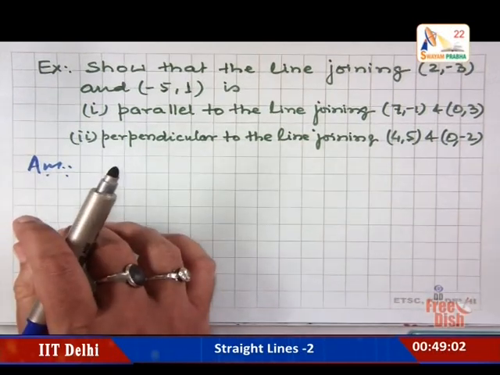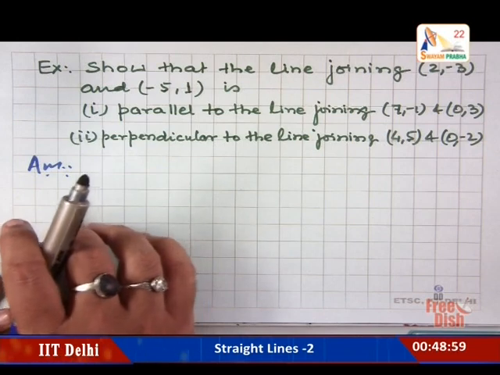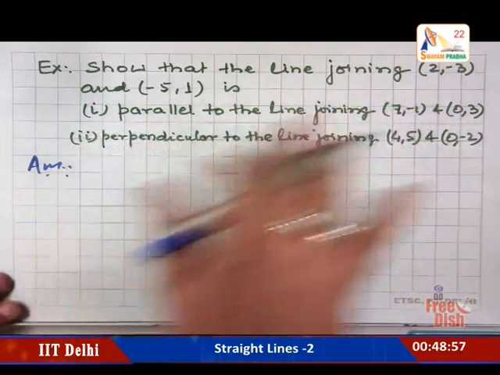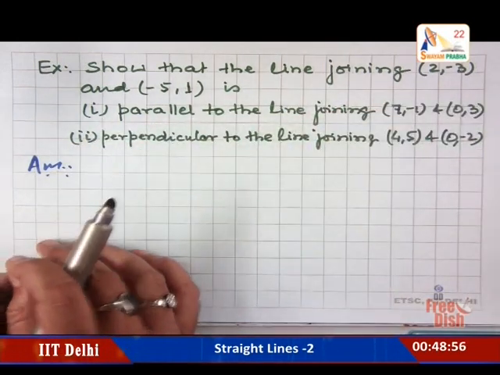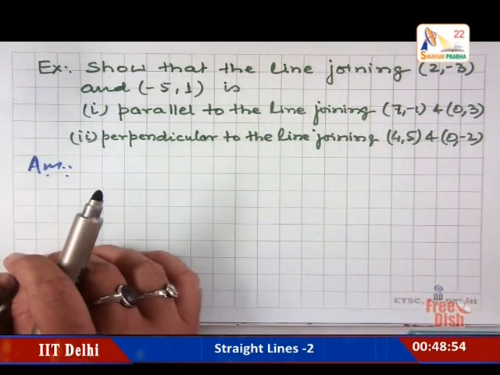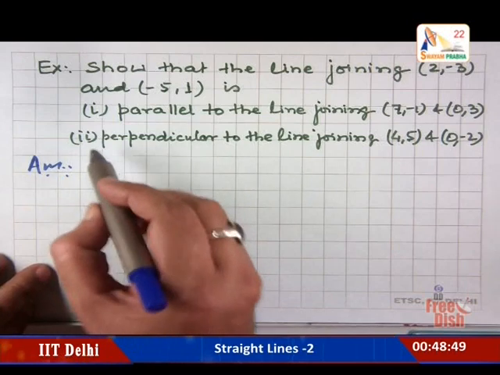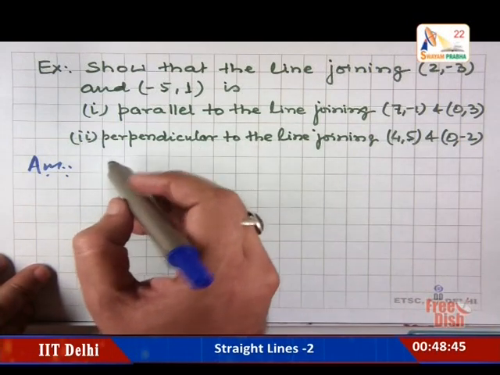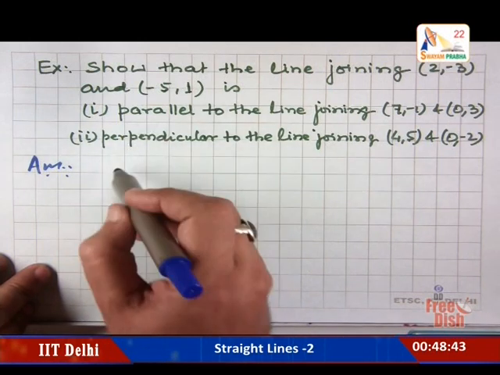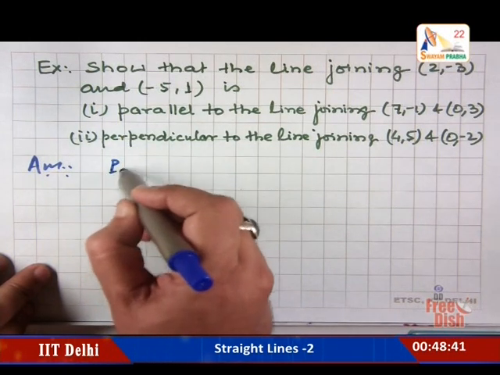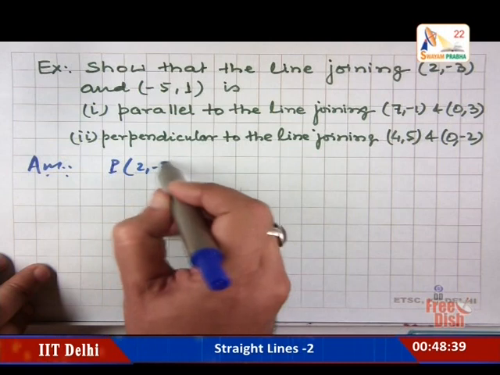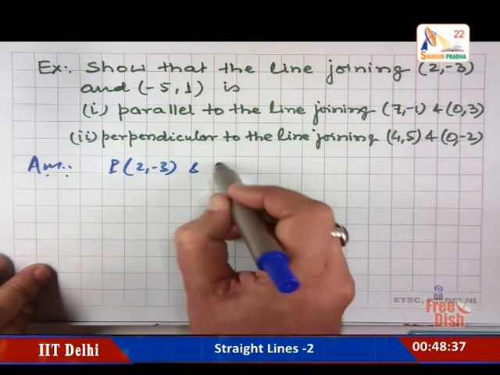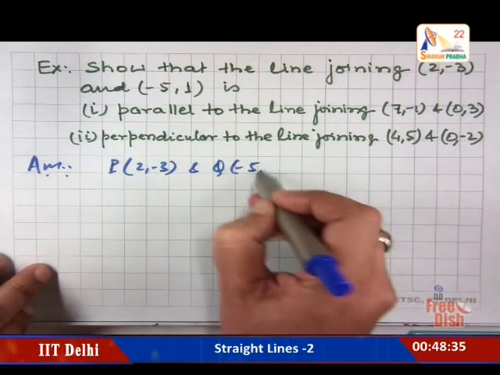First of all, find the slope of this line which passing through these 2 points 2 minus 3 and minus 5 1. So we just name these 2 points. Say this is P 2 minus 3 and Q minus 5 1.